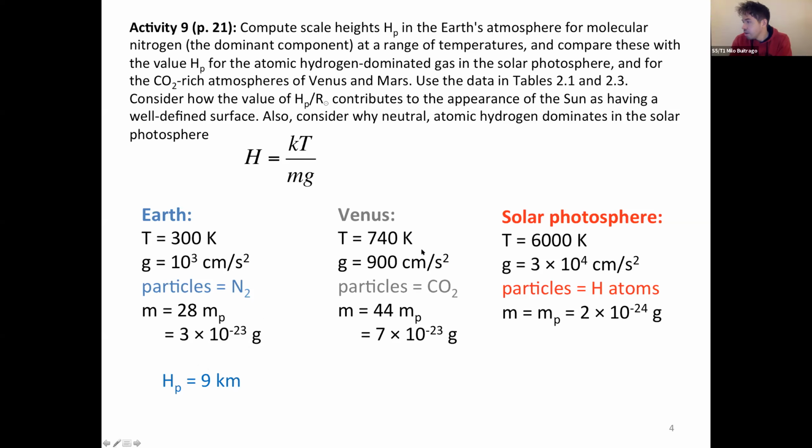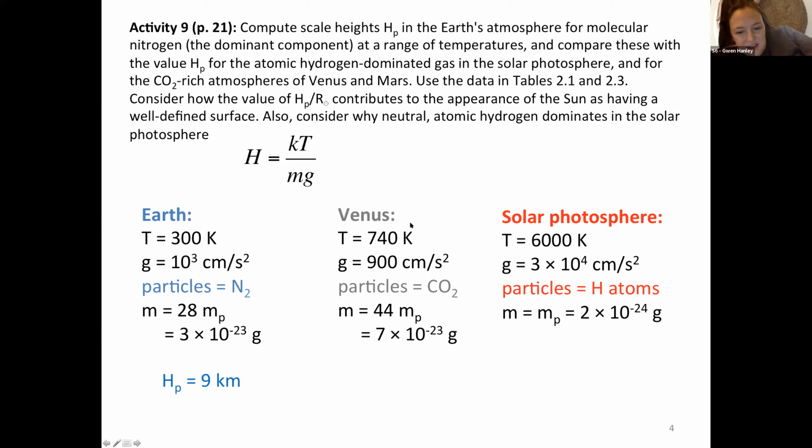What did group 6 get? Did you find a scale height for the surface of Venus? Anyone from group 6? How about anyone from any of the groups? Just shout out a scale height. Sorry, I had to unmute.